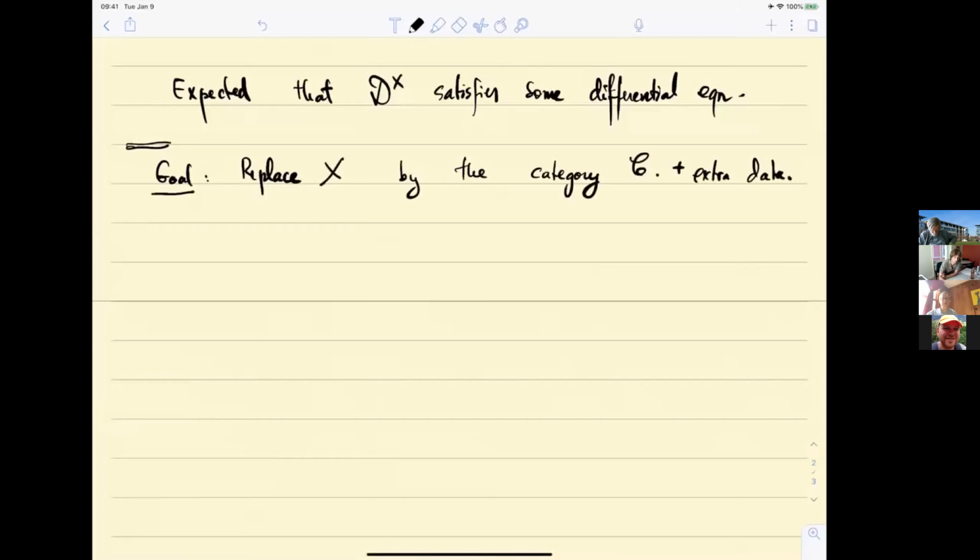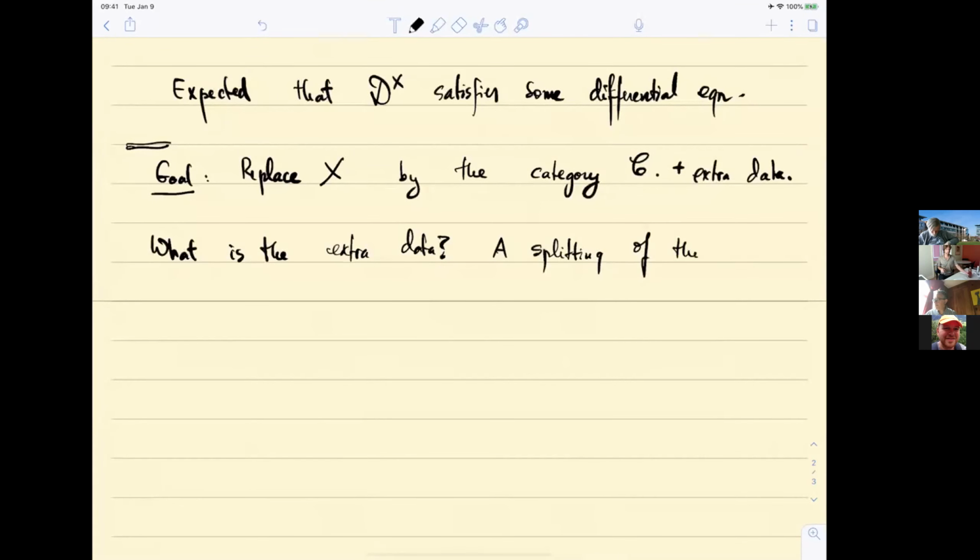So let me try to explain in pedestrian terms what this extra data is. So the answer is that it is a splitting of the Hodge filtration.